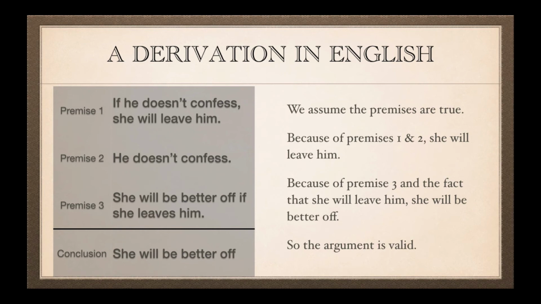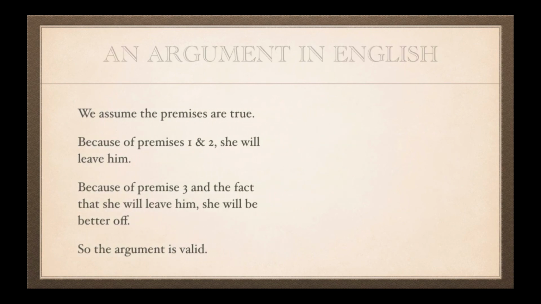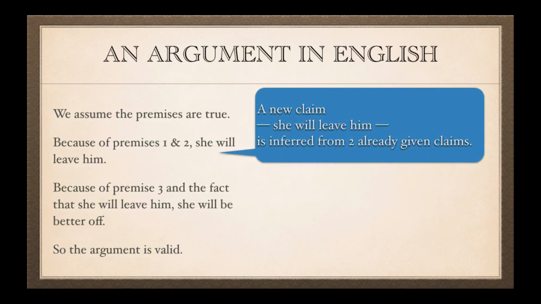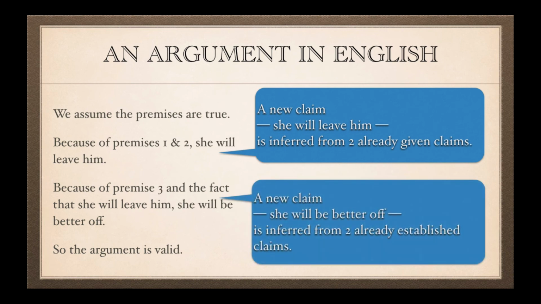Is the conclusion true? Don't know. Are the premises true? Maybe not. But if the premises are true, then no matter what, so is the conclusion. And we can see that because of this little piece of reasoning we just went through. We start with premises 1 and 2, and then we introduce a new claim, she will leave him. Then we take that new claim and combine it with the third premise to get the claim that she will be better off. So the first two premises give us a new claim, and then we combine that with the third premise, and that gives us the conclusion.